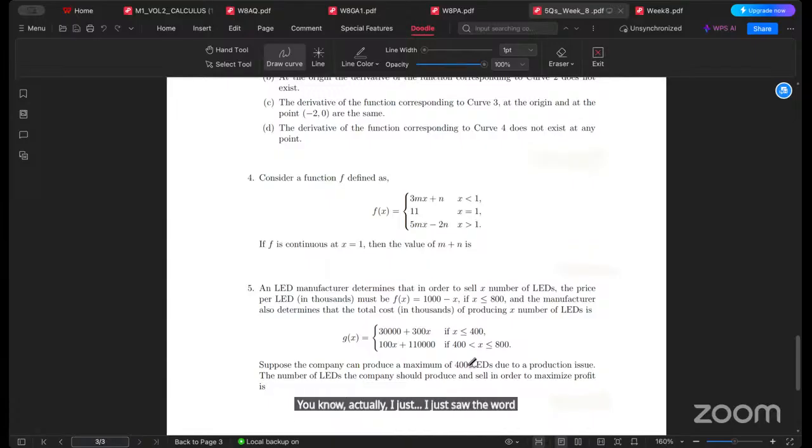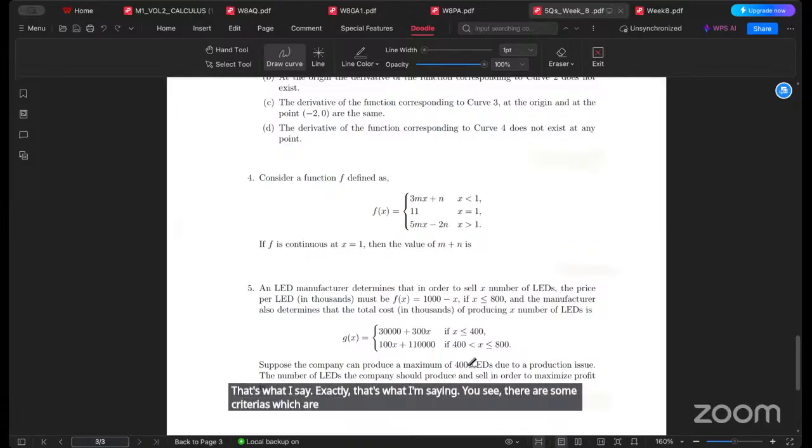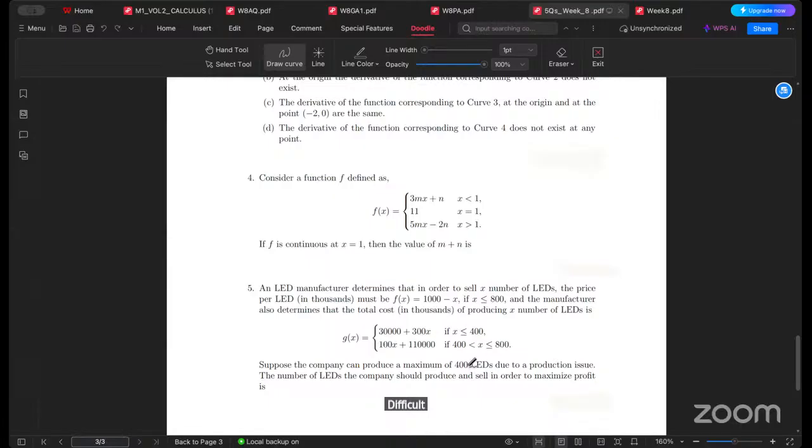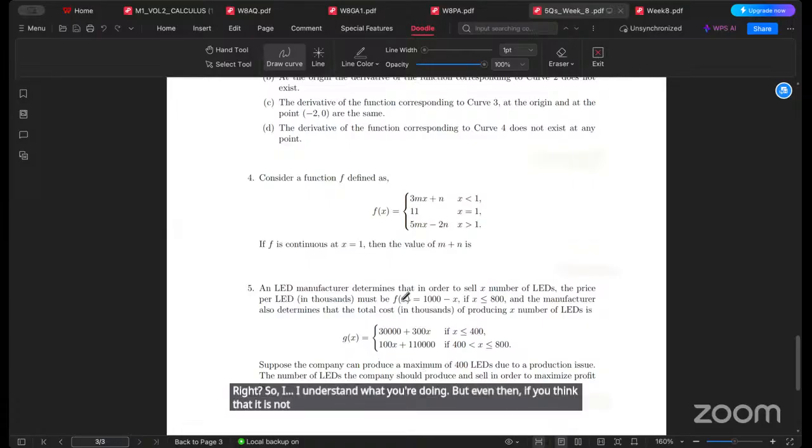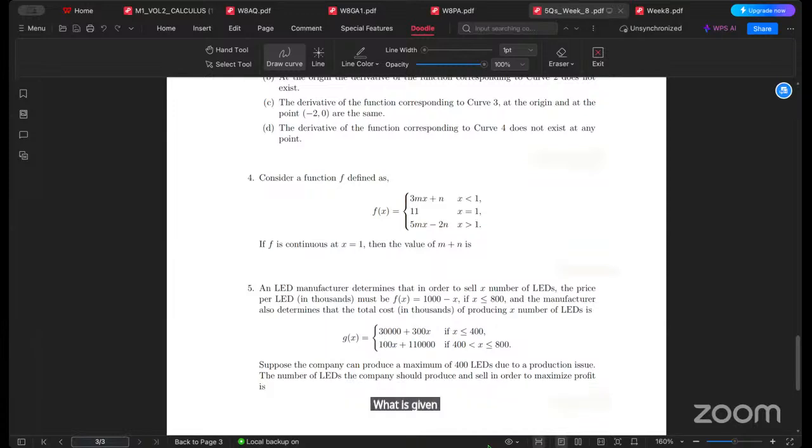That's what I'm saying. There are some criteria which our mind thinks are difficult for us, so we don't even try to understand what's going on. Even then, you should first go through it and see what is given. I'm not just saying this for this problem; in general, I'm giving it as a suggestion.